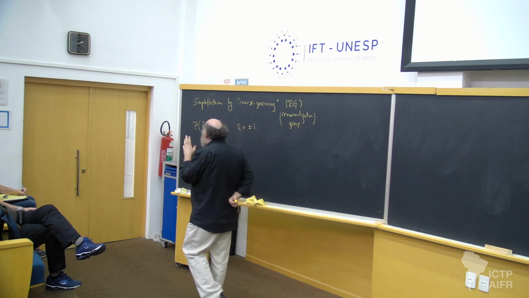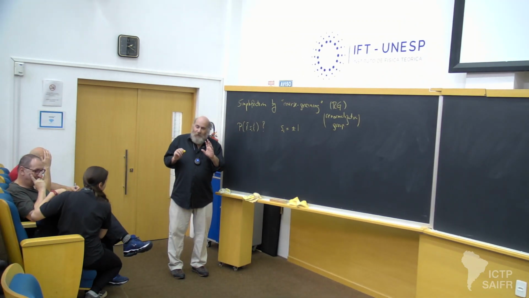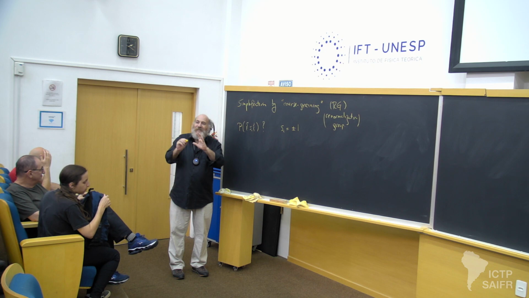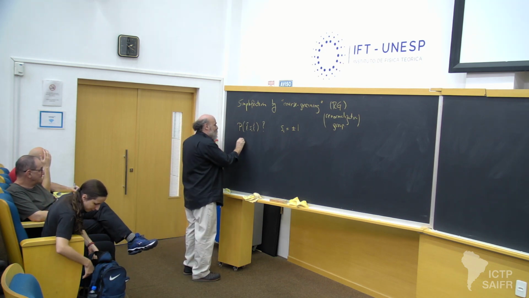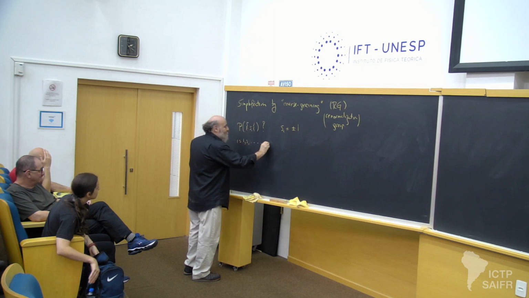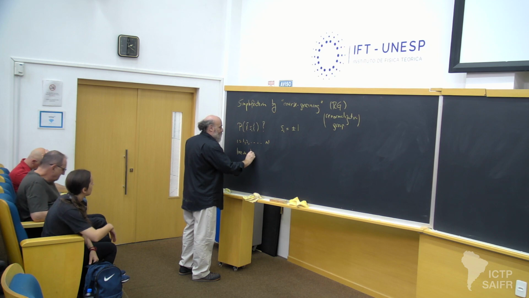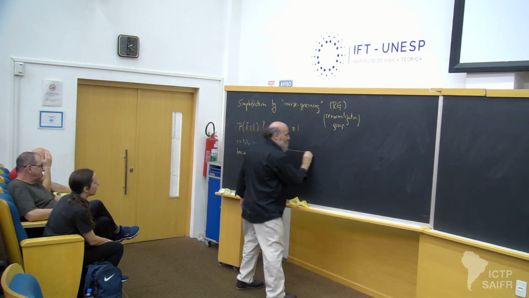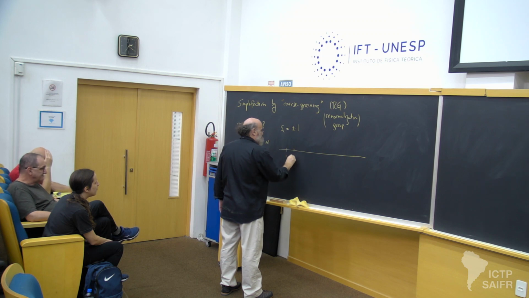And what I'm going to do is to give us an example where we can actually calculate everything. Let me imagine that i equals 1 up to N, and they live on a line. So 1, 2.